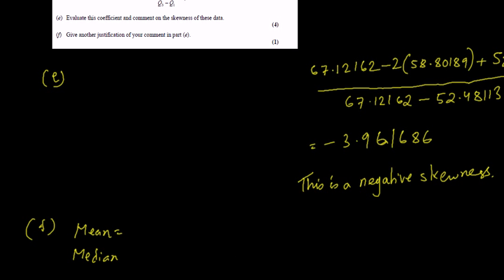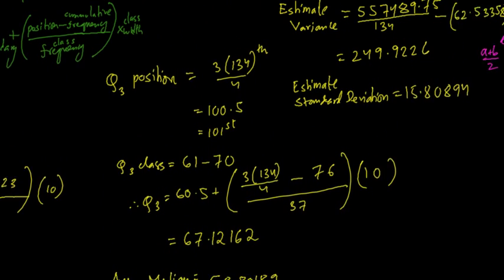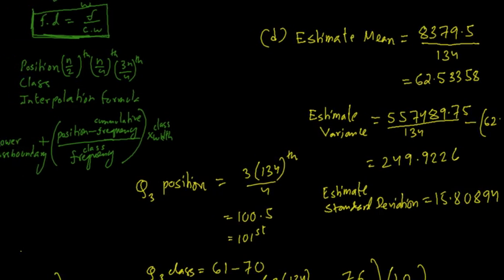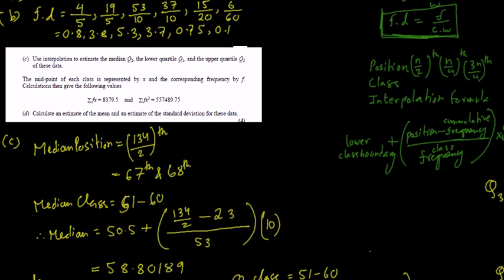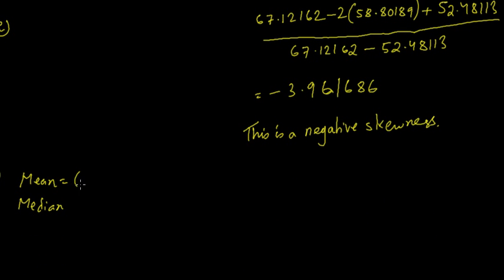So we calculate the estimate mean as 62.5, just for comparison, and we know the median to be 58.80189. We don't need that much actually, just the comparison would do.